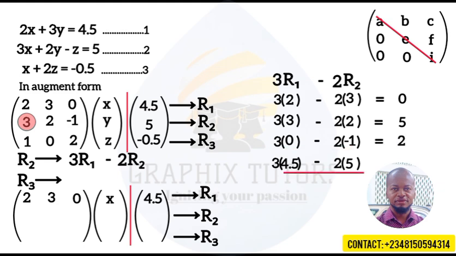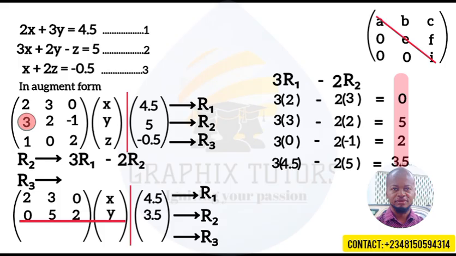And 3 times 4.5 minus 2 times 5 will give us 3.5. So this is my new row 2. I'll now write it here: 0, 5, 2, then 3.5.